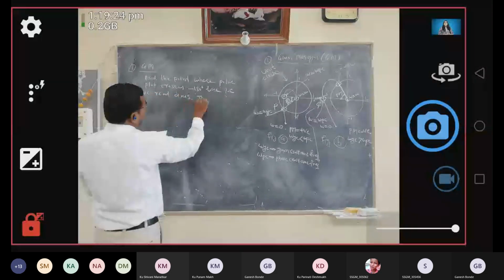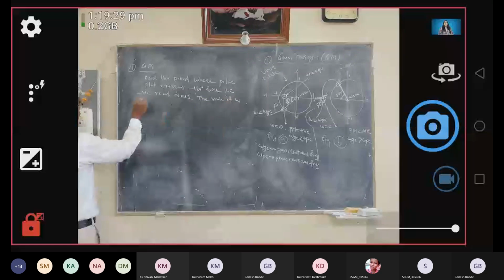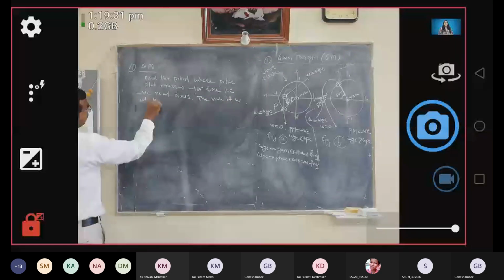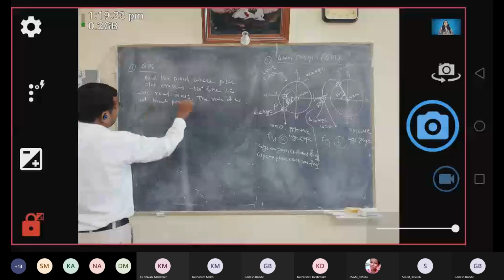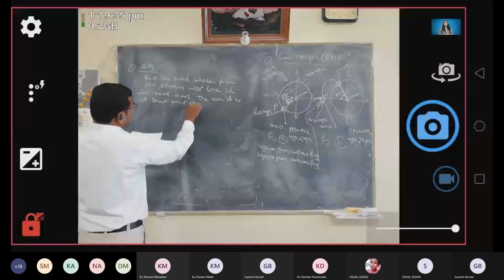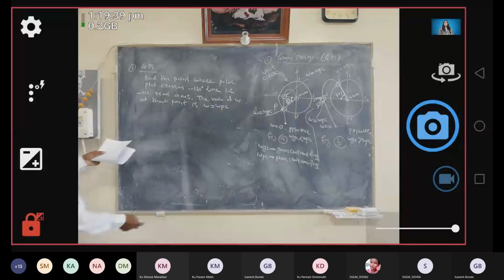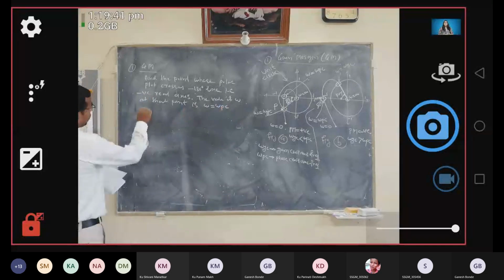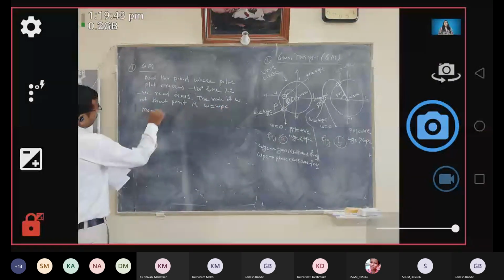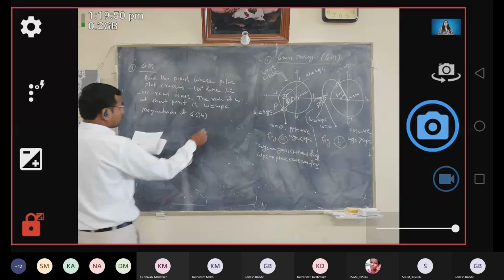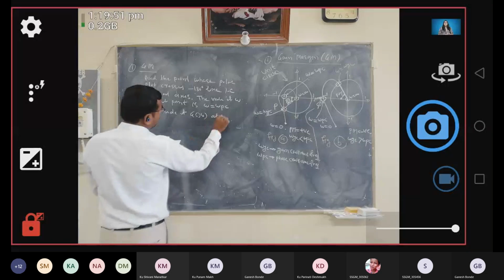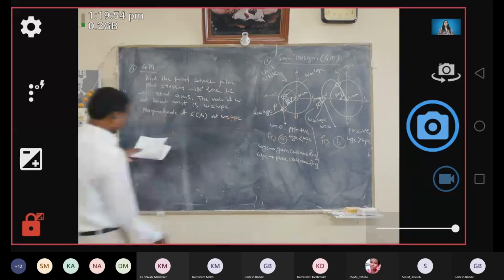The value of omega at that point is omega equal to omega PC. Therefore, the magnitude of G(j omega) at omega equal to omega PC.